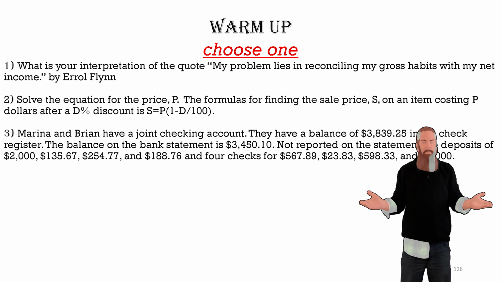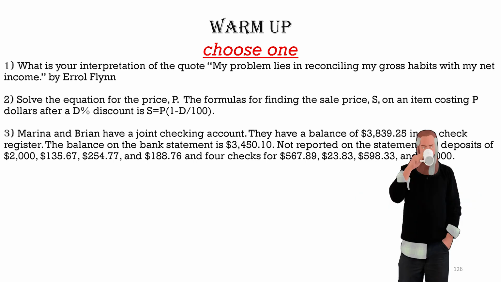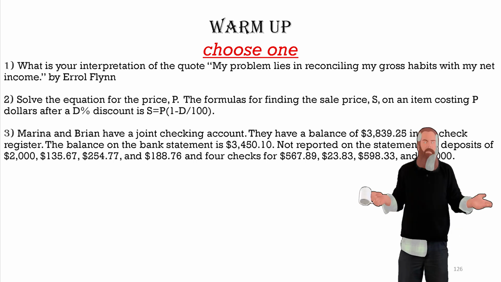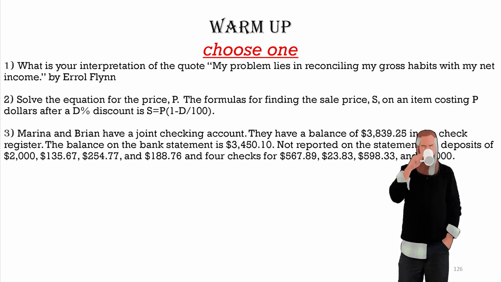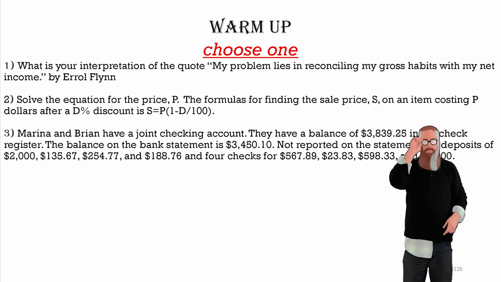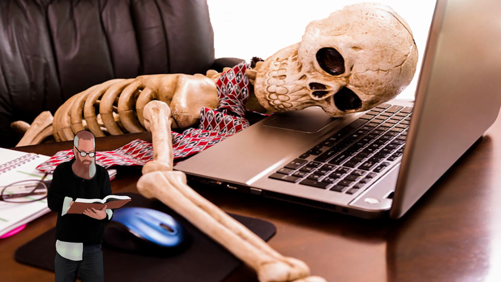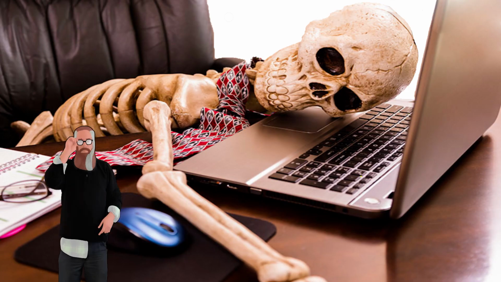Not reported on the statement are deposits of $2,000, $135.67, $254.77, and $188.76, and 4 checks for $567.89, $23.83, $598.33, and $1,000. Reconcile the bank statement using a spreadsheet.